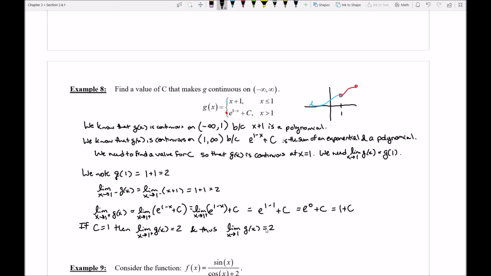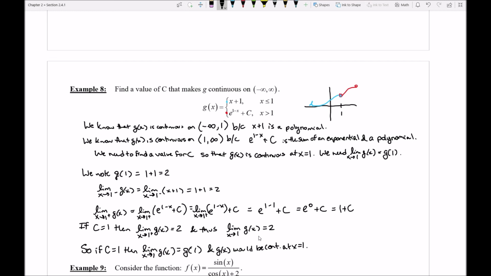And that would make the limit and the y value the same. So then I could state that if c was equal to 1, then the limit as x approaches 1 of g of x would be equal to g of 1, and g of x would be continuous at x equals 1.